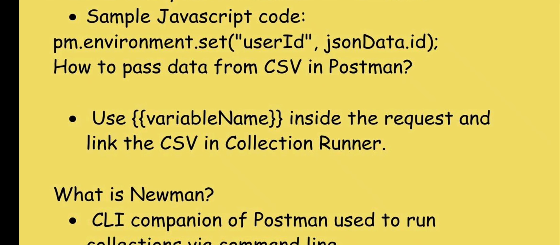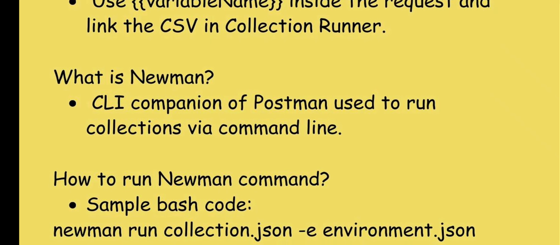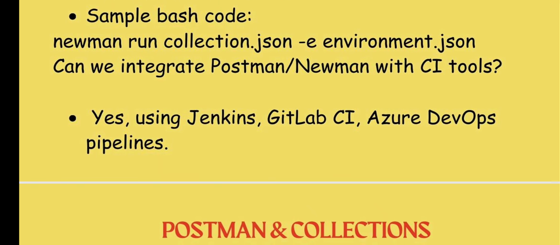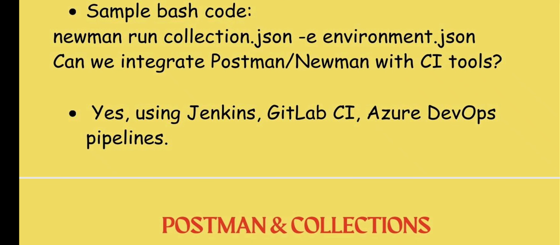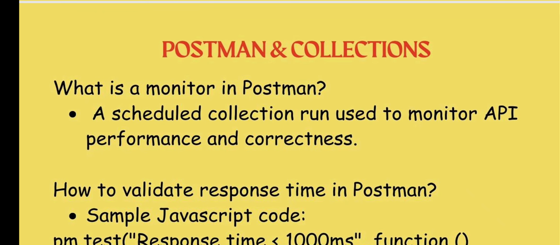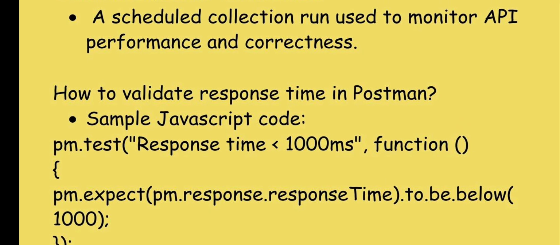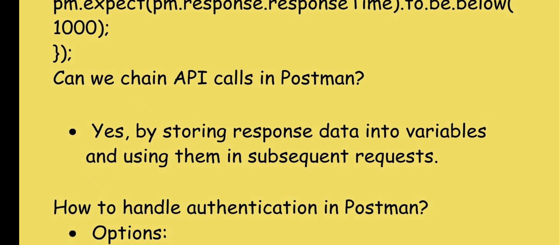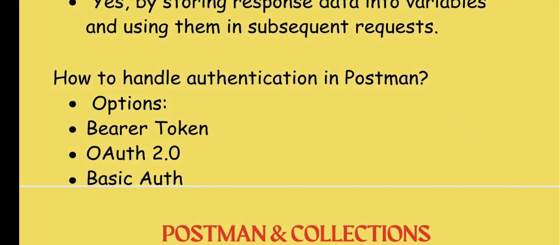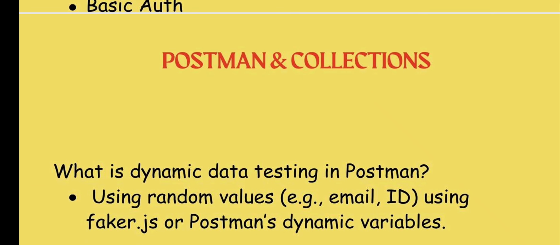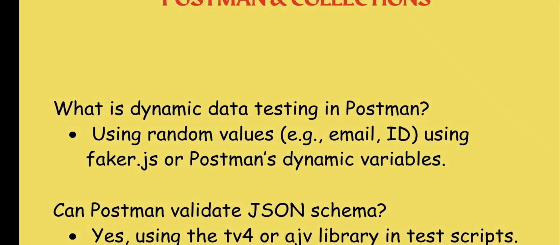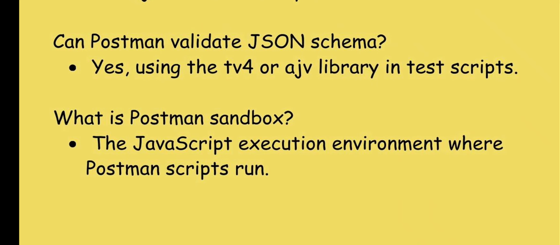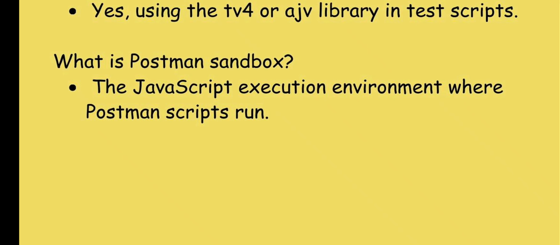How to pass data from CSV in Postman, what is Newman, how to run a Newman command, can we integrate Postman or Newman with continuous integration tools, what is a monitor in Postman, how to validate response time, can we chain API calls in Postman, how to handle authentications, what is dynamic data testing, can Postman validate JSON schema, what is a Postman sandbox?